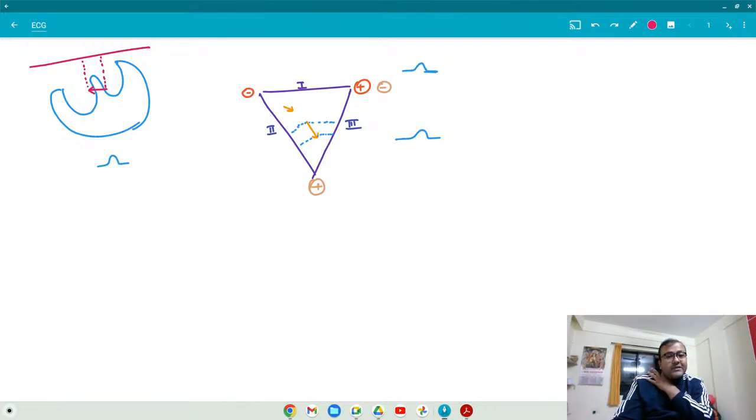Right side or left side? Towards the cathode, right? So is the cathode on the right side or left side? On the left side. So fine. What is the confusion here? Is it confusing or are you understanding?